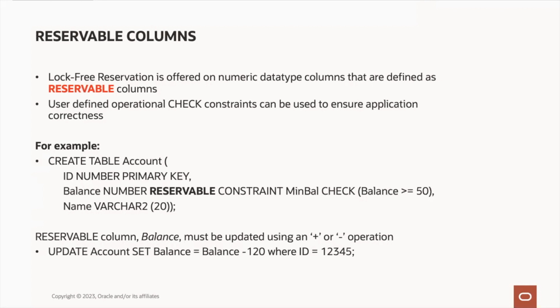The optional constraint provides a way for developers to create rules as to when data rows can be updated. Reservable column updates must be either a plus or minus operation, and they don't lock rows, so they will not block other transactions from updating the non-reservable column of the same row concurrently.